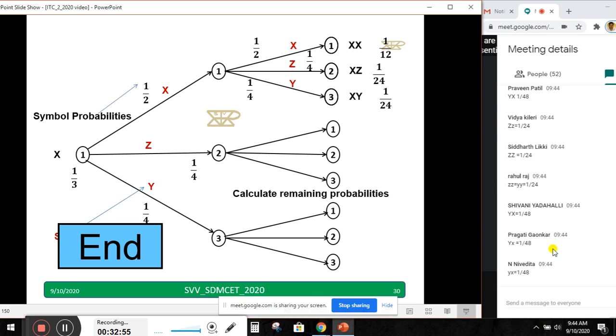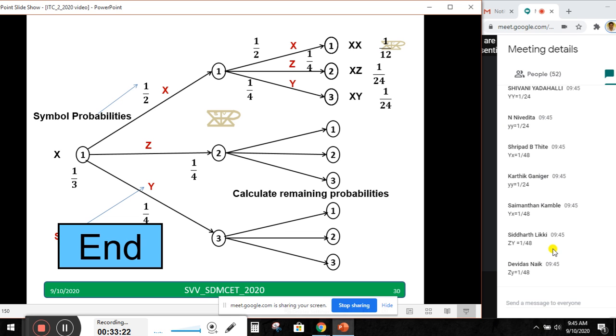Shivani, YX equal to 1 by 48. Nivedita, YX equal to 1 by 48. YZ 1 by 48. Pragati. Jayalakshmi, ZY equal to 1 by 48. Priya Patil, Nivedita, Amrita 1 by 48, YX, YZ, okay. ZY 1 by 48, YY Shivani 1 by 24, good.